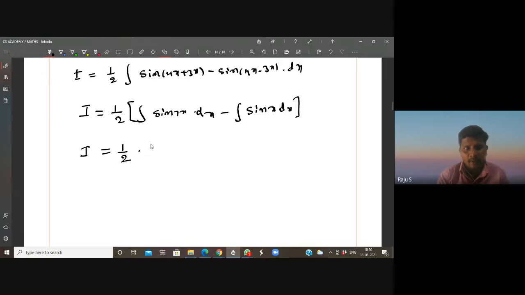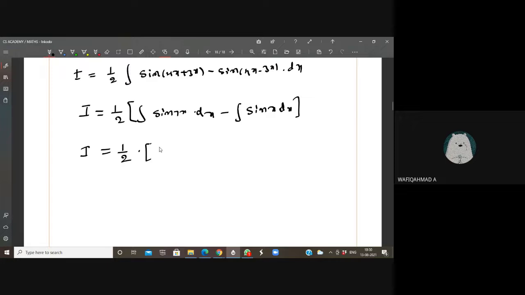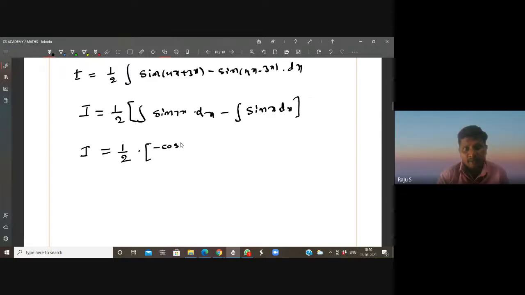Integral of sine 7x is, firstly, minus cos 7x. Derivative of sine is positive, but integral of sine is negative.